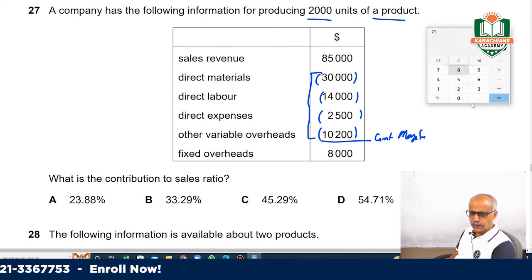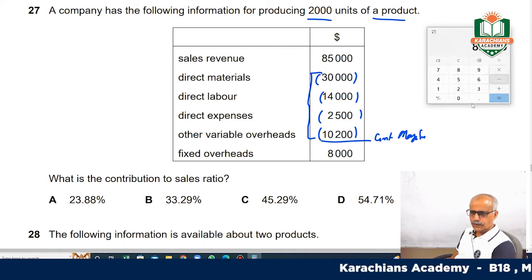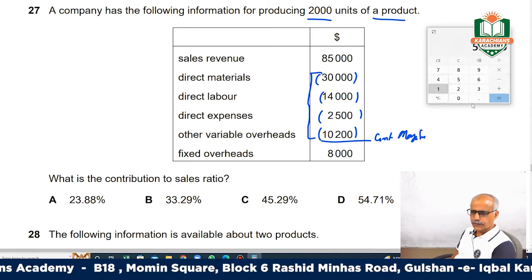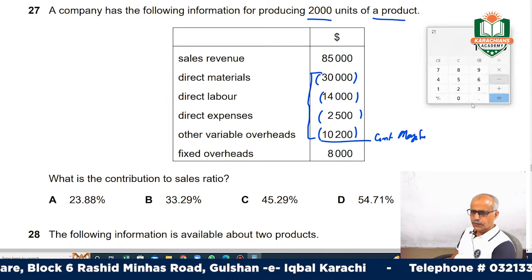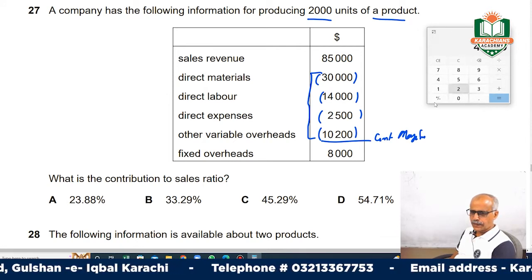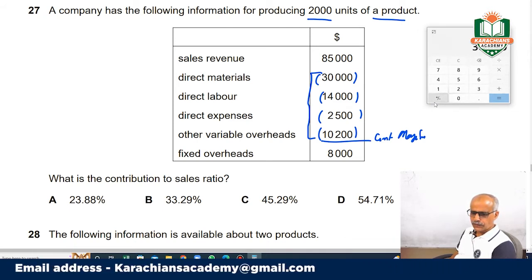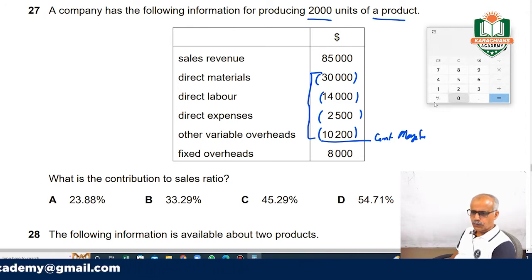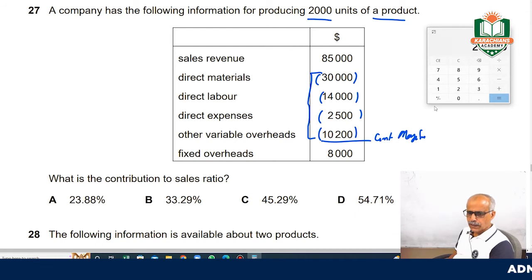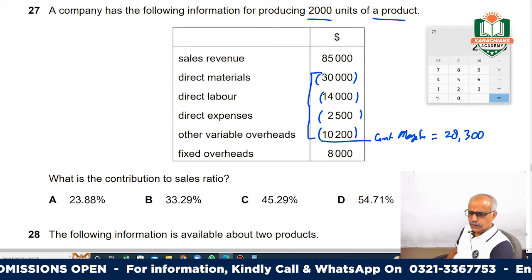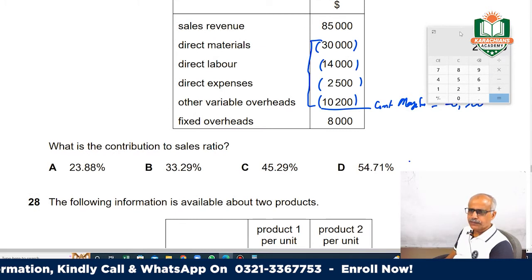I think I have to recalculate. 85,000, then minus direct material 30,000, minus direct labor 14,000, minus direct expenses 2,500, and minus 10,200. Your contribution margin is 28,300. Very simple and very easy question.